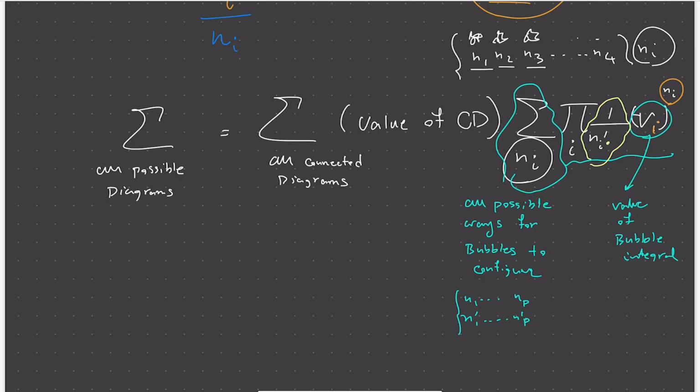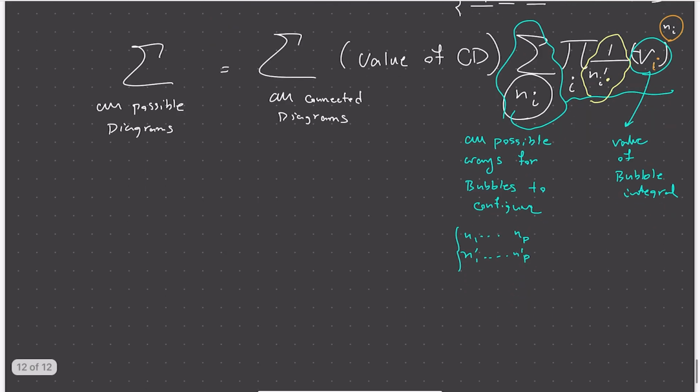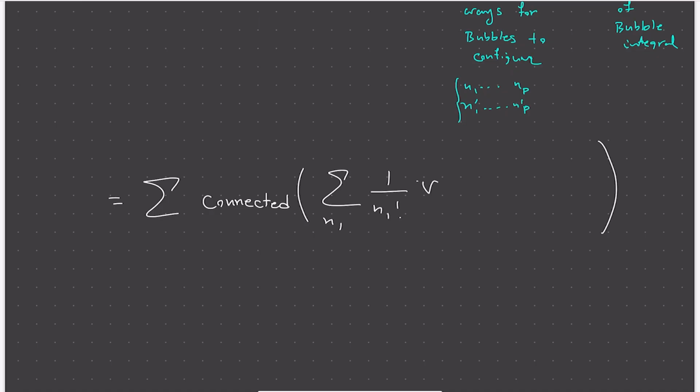And now this is where you can separate this expression. This is equal to the sum over all connected diagrams. Then imagine I have the sum over all n_1, with 1 over n_1 factorial times V_1 to the power of n_1. Imagine n_1 is a set of bubbles. And then I multiply by the n_2 term, 1 over n_2 factorial times V_2 to the power of n_2, and so on.